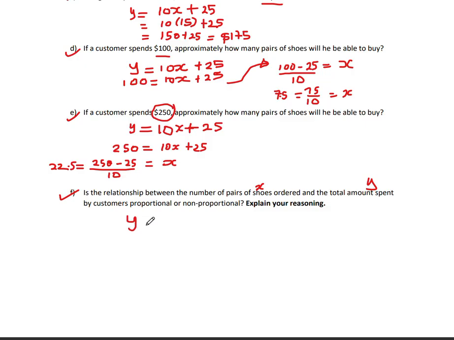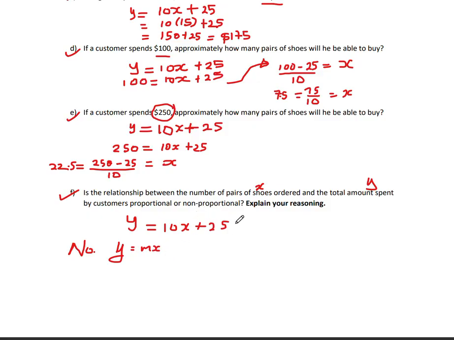So the equation that we have is y equals 10x plus 25. The question is, does this represent a proportional relationship? And the answer is no, it does not. It's non-proportional. A proportional relationship would take the form y equals just mx or kx, where the y-intercept is 0.